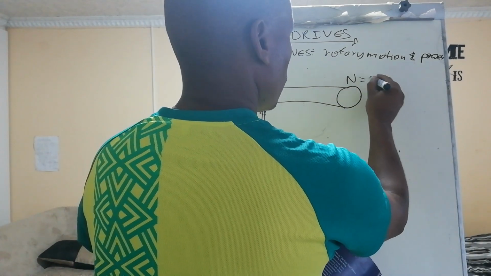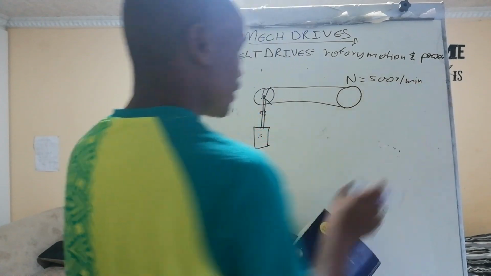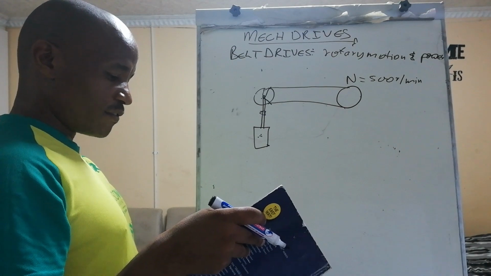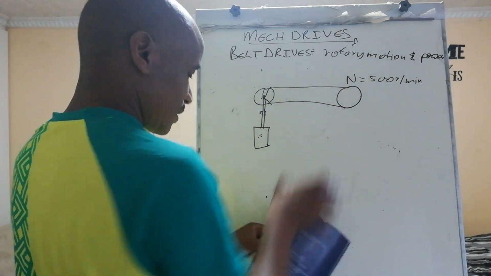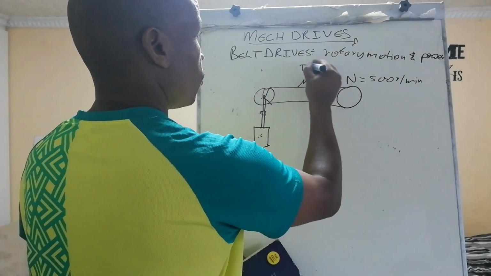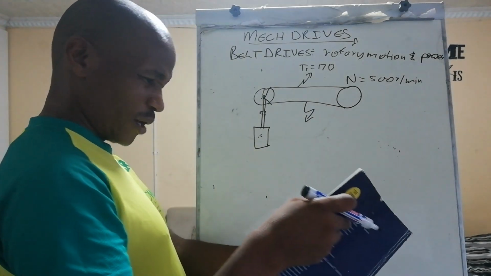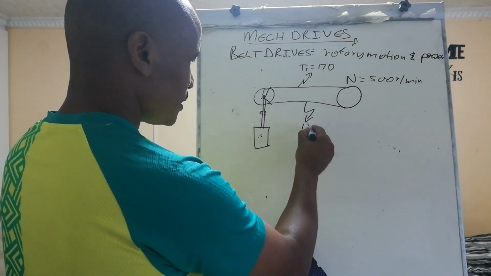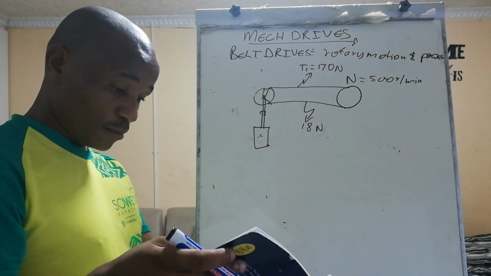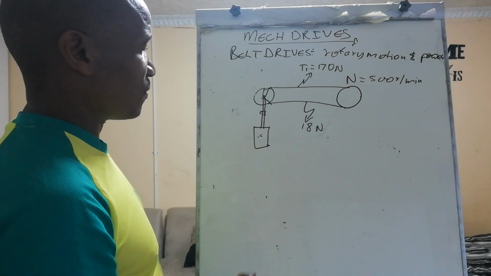And the tension in the two sides of the belt: T1 is equal to 170, and this one is equal to 18 Newton. Units are very, very important, guys. Calculate the power transferred.